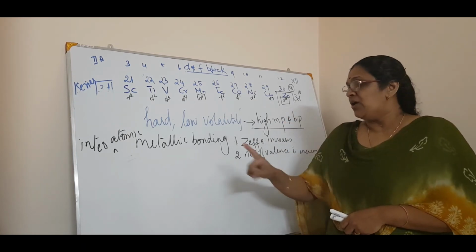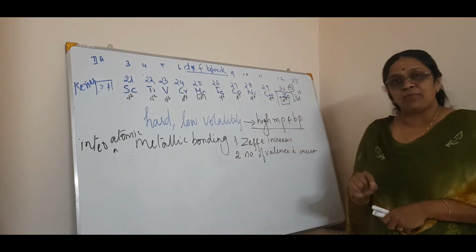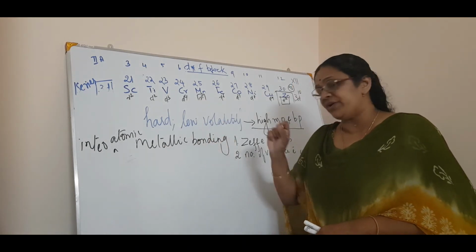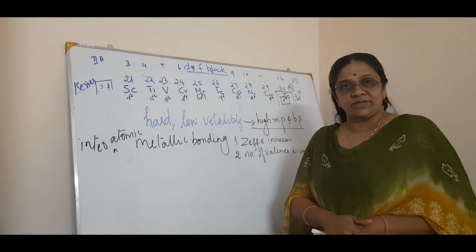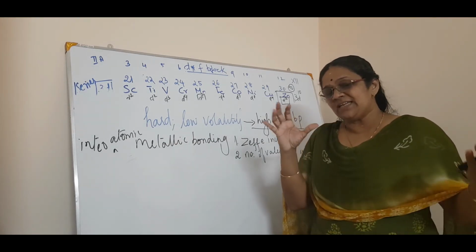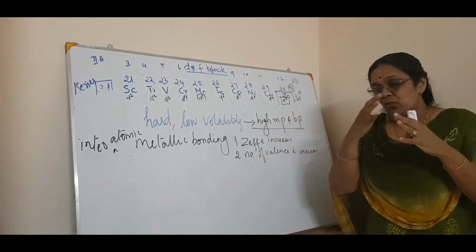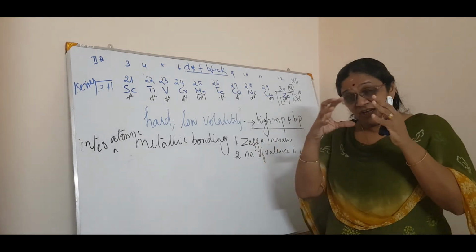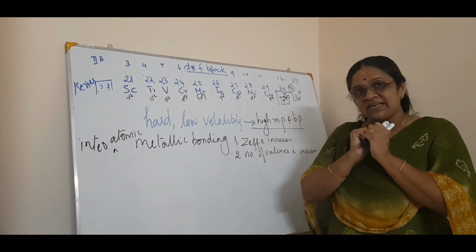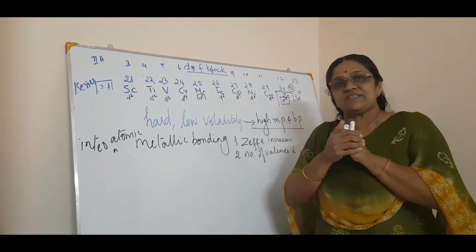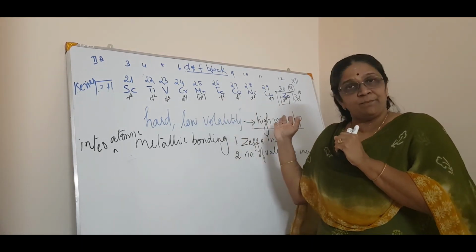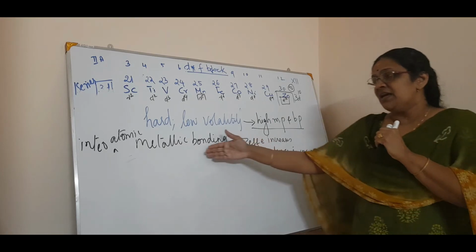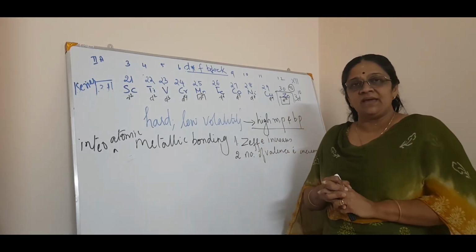The key point is that they have strong interatomic metallic bonding, that is, bonding between metals. Why is it so effective? Because the effective nuclear charge increases, so the size of the atom decreases, and there are many valence electrons compared with the standard d block elements, d1 to d10. So a very close metallic bonding can be there.